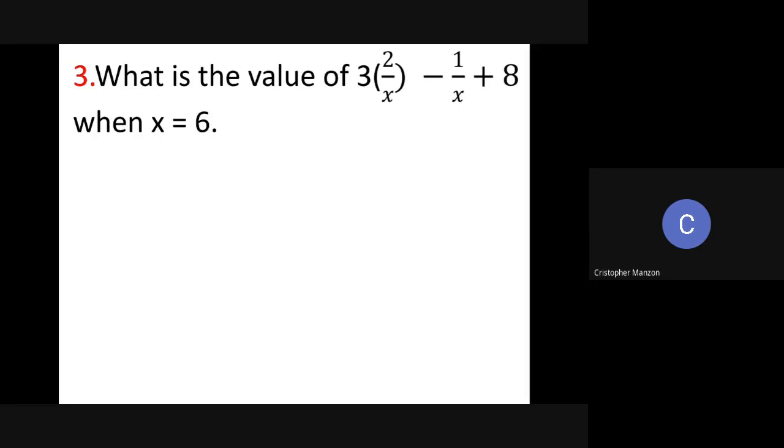Chester Gabay answered 53 over 6. Can you express, John Mark, your final answer, 8.83, into an improper fraction? Ah, that's also 53 over 6. Sige. What about the others? Did you try?